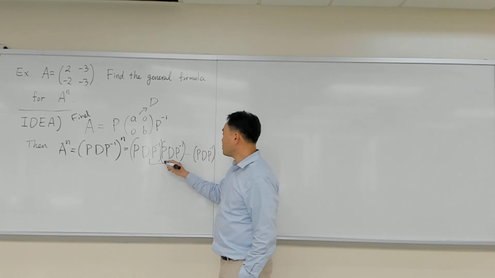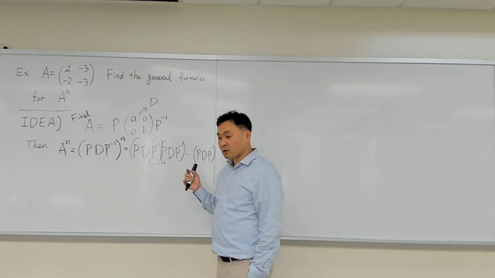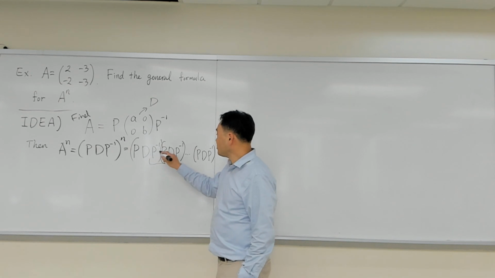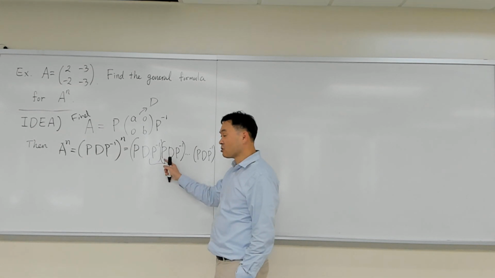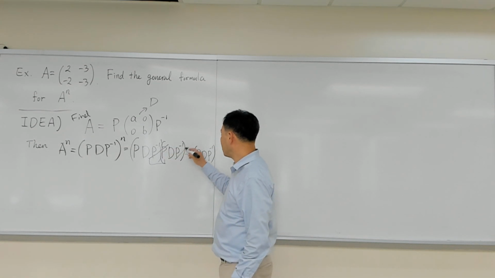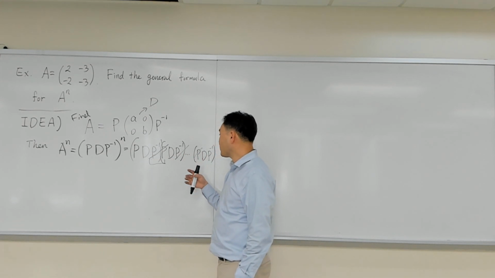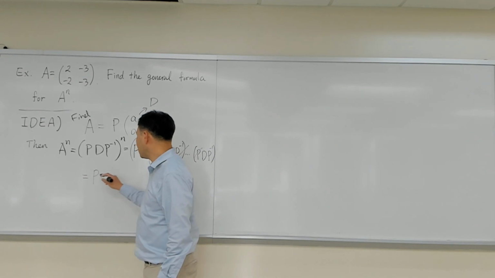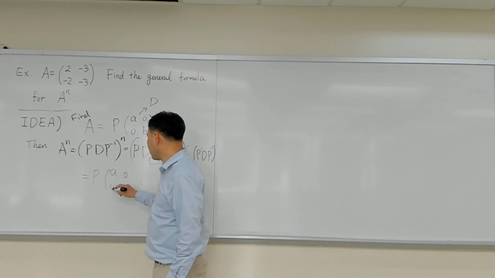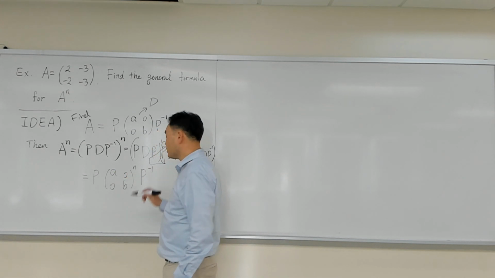And because multiplication of matrices is associative, whenever P inverse and P are immediately next to each other, they cancel. So all of these P's in between cancel out, and you just have D, n number of multiplications. So you end up with P times D, the matrix A, 0, 0, B, to the nth power, times P inverse.